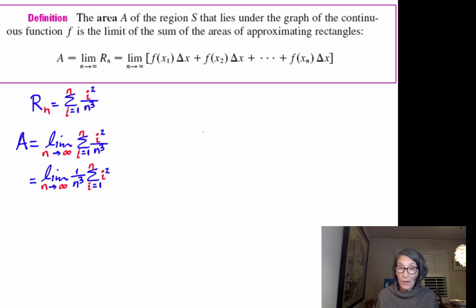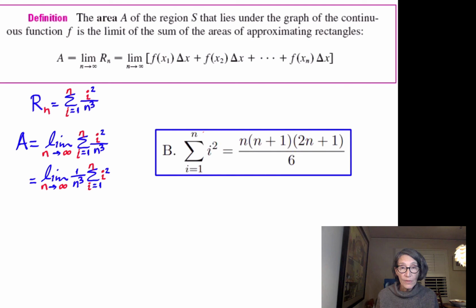All right, and now at this point we recognize the sum as i goes from 1 to n of i squared, that's the sum of the squares of the first n positive integers, and we have a formula for that. Theorem B on that handout with the properties of finite sums says that the sum as i goes from 1 to n of i squared is n times n plus 1 times 2n plus 1 all over 6.